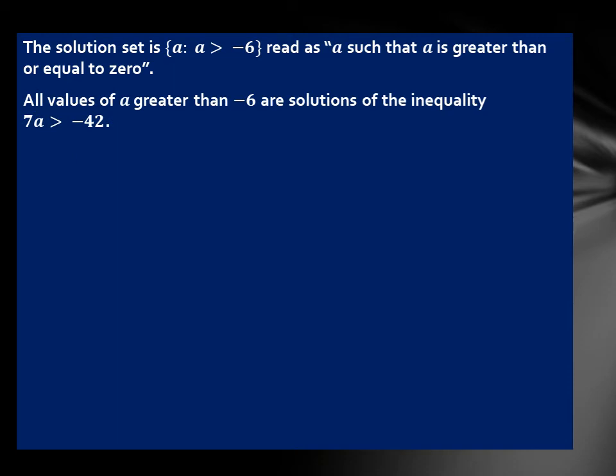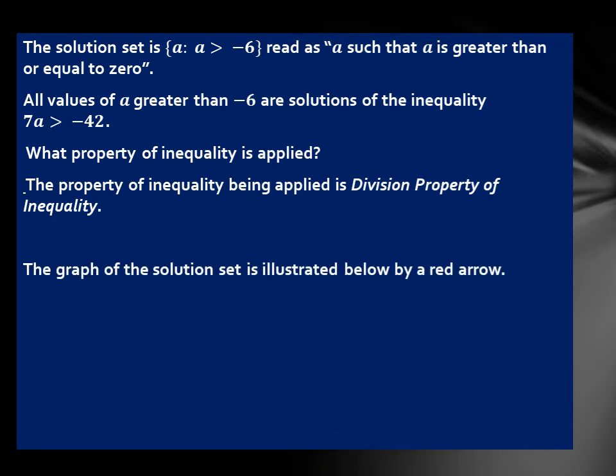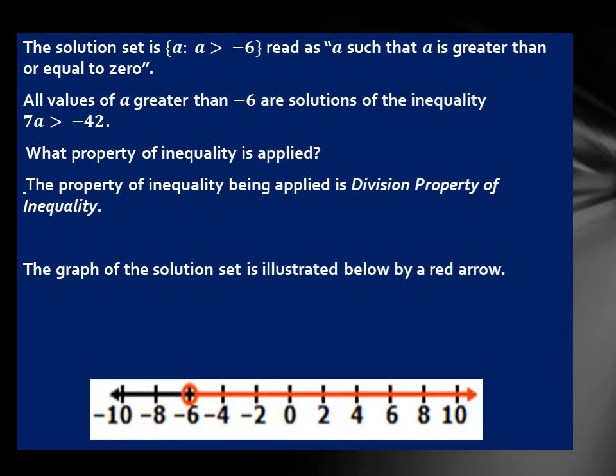So all the values of A greater than negative 6 are the solutions of the inequality 7A is greater than negative 42. What property of inequality is applied? The property of inequality being applied is the division property of inequality. The graph of the solution set is illustrated below by a red arrow.